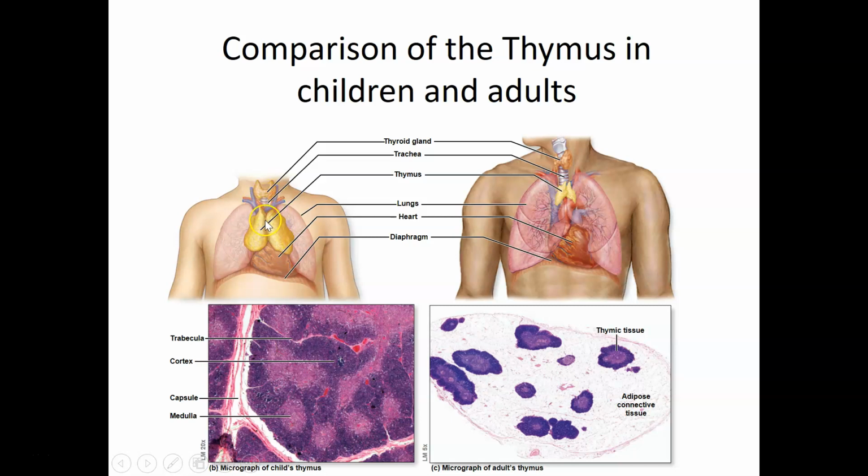Here's the trachea, running through the center here, and the thymus is draped over the superior and somewhat anterior surface of the pericardium, which surrounds the heart. The other thing you should notice is the drastic difference in size between the thymus in the childhood years versus the adulthood years. It's much reduced in size in the adult.